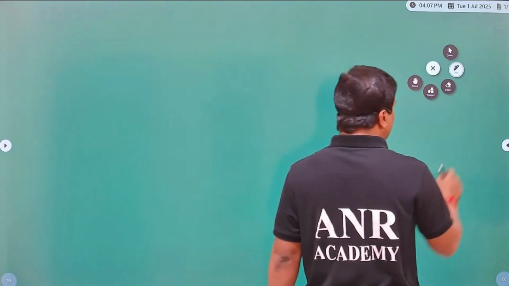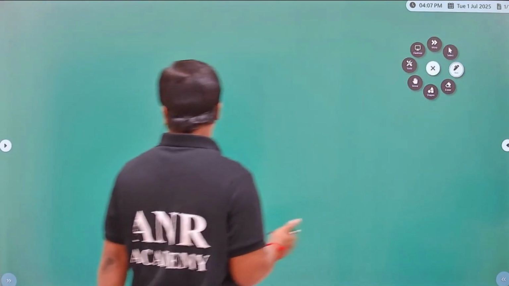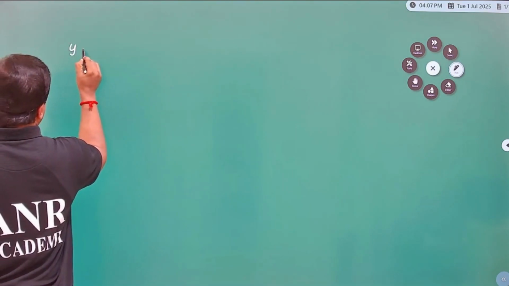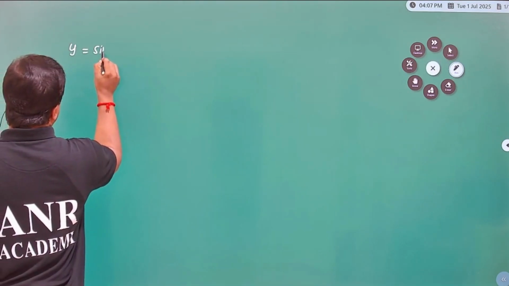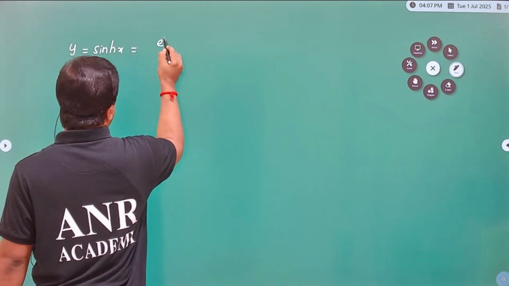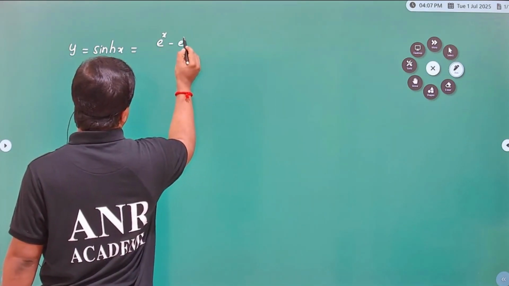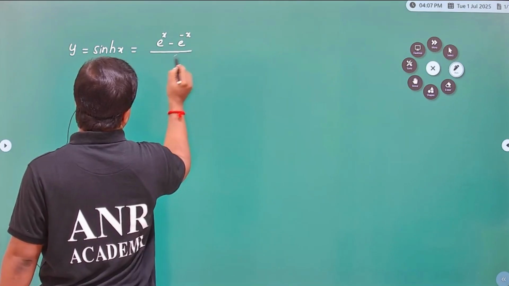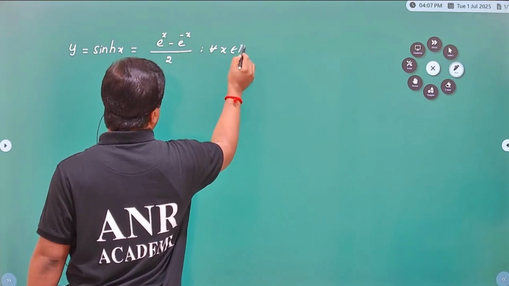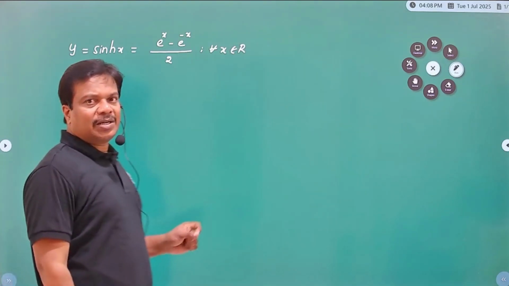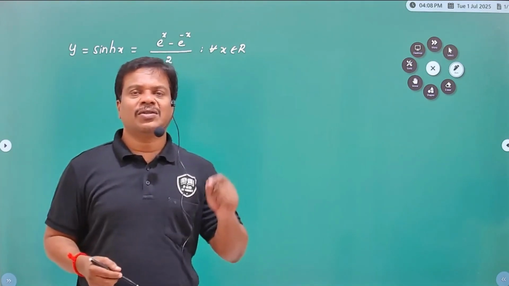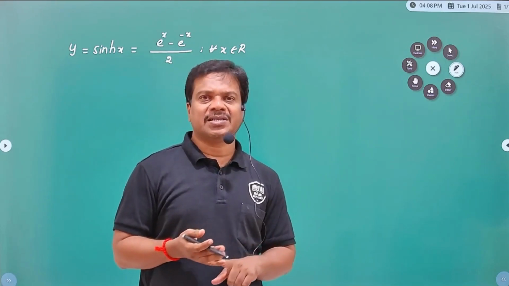First, I am going to draw the graph of y equal to sin hx. You know that y equal to sin hx is defined by e power x minus e power minus x whole divided by 2 for all x belongs to R. In general, to draw the graph of any given function, we have to substitute the values of x first.